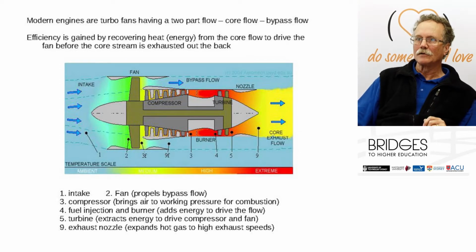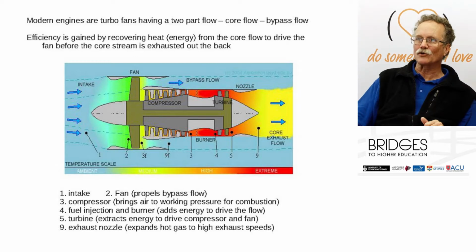except the high temperature core exhaust flow, that's energy lost. So efficiency is now gained by extracting energy from that hot gas as it goes through another turbine. So we have a first turbine which runs our compressor to keep it going. We'll have a second spool, a second turbine, which will run a large fan at the front, which will produce cold airflow around the side.